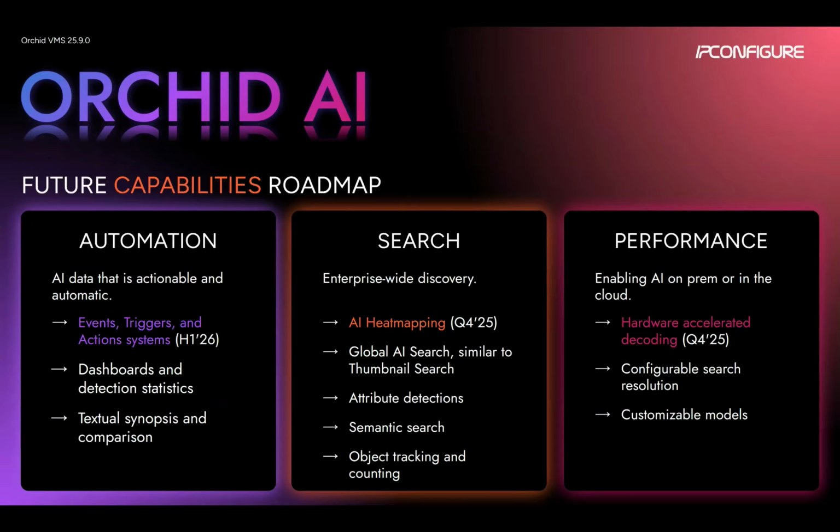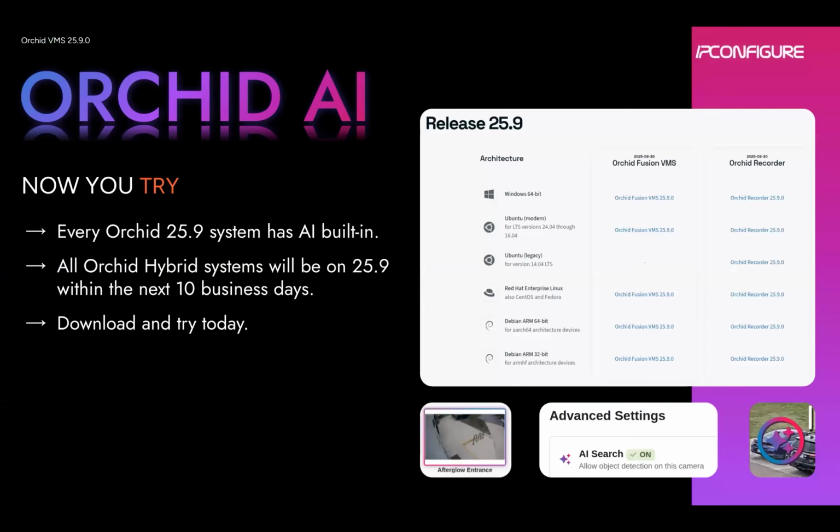The video that we feed into Orchid AI, that H.264, AV1, H.265 data, has to be decoded. So there's some additional GPU-based hardware decoding we can do to take that load off of the server and put it onto the GPU. That's something that we're going to look at next year, as well as some additional performance optimization.